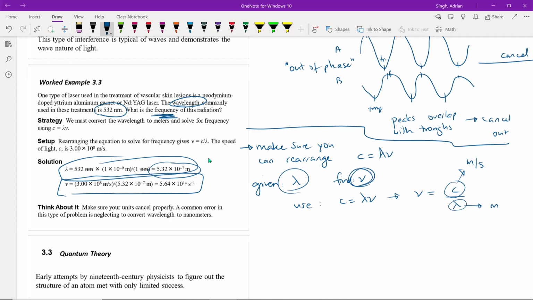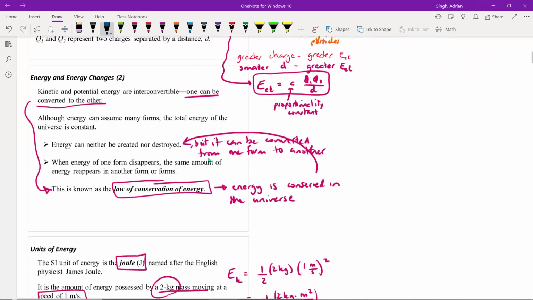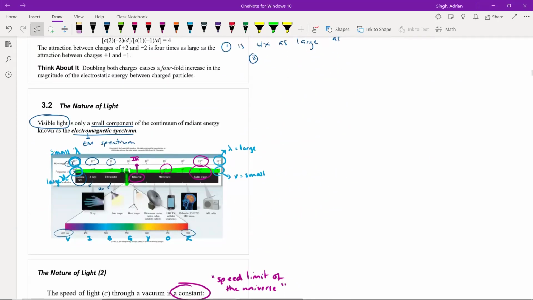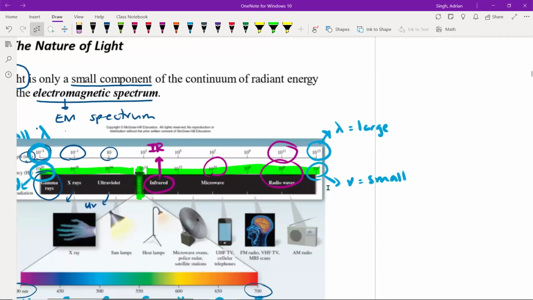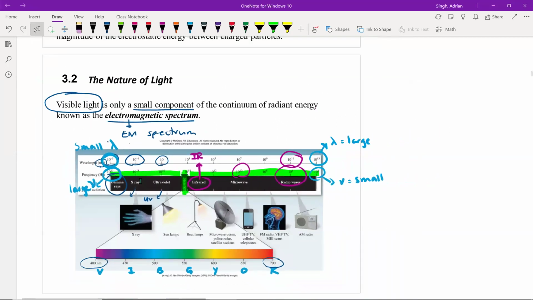Now, does this number make sense? Frequency should always be a fairly large value. If we go back to our table, oops, sorry, I went right by it. All right, our frequencies here start with radio waves at 10 to the 4, and they go all the way up to 10 to the 20. So frequencies are normally fairly large numbers.